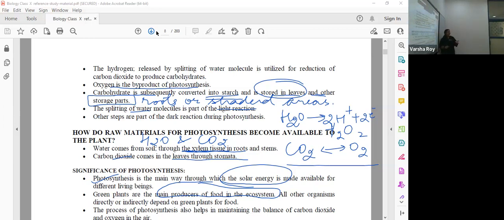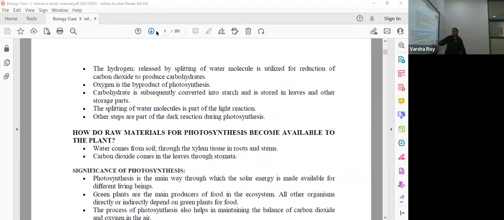So the ones which are plants, which are small creatures inside the water bodies, are converting this large amount of CO2. They are CO2 fixers. Greenhouse effect को बैलेंस कर रहा है, pollution कम कर रहा है. So these are the byproducts and the usage of photosynthesis. So you can note down these points. Significance of photosynthesis. This can be asked in the questions.